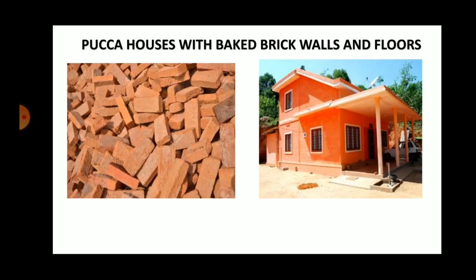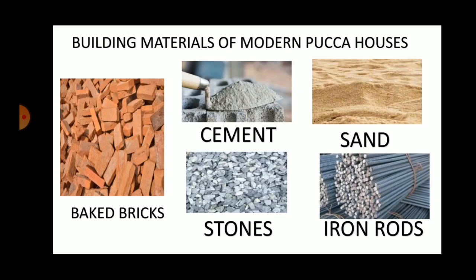Look here, a house made with baked bricks. So, the building materials of modern pakka houses are baked bricks, cement, sand, stones, and iron rods.